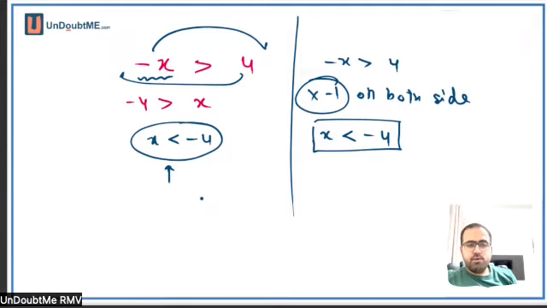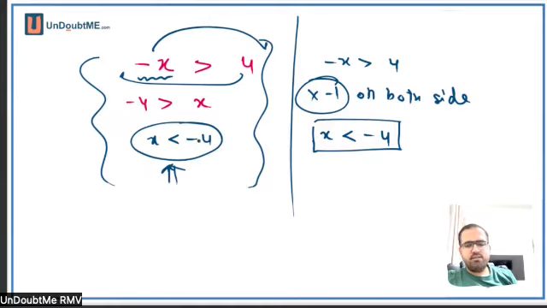Why does it flip? This is a fact which they have given as a conclusion. But why is it happening? You can see it on the left hand side. What answer are we getting? X less than minus 4. How are we getting this answer? The same way we solve an equation.